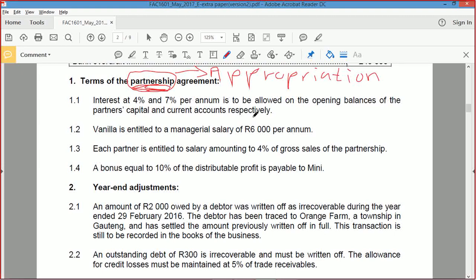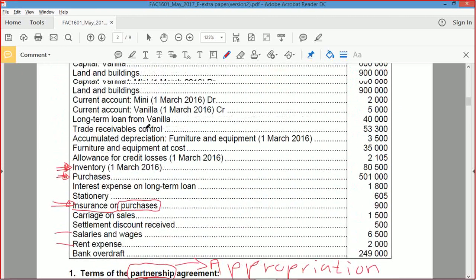Okay, so if you're charging interest on the capital and the current accounts, let's first look at interest on capital. If it's interest on capital, is the partnership going to have to pay it or not? The partnership will pay it, not the partners. Yes, the partnership will pay it to the partners.